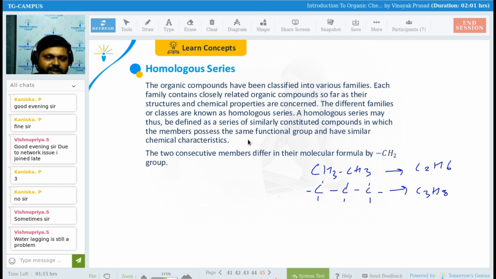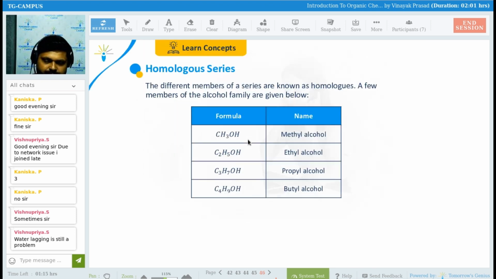Homologous series means there is a difference of a CH2 group. If you subtract, you get CH2. So if there is a difference of CH2 between members, that series is known as a homologous series. Is it okay?